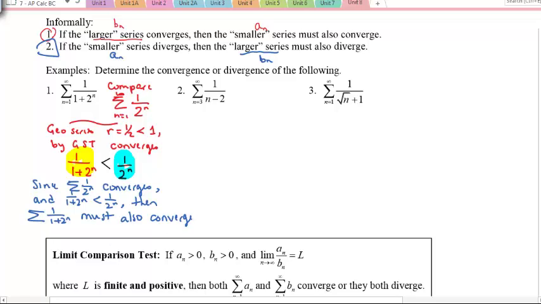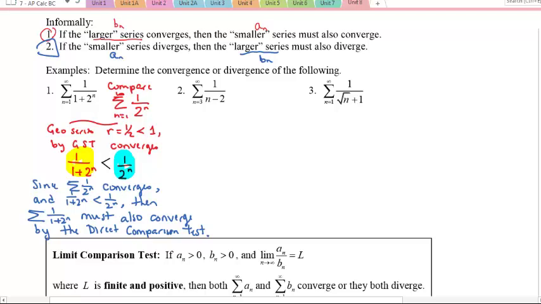And why? Because the direct comparison test says so. Okay? And that's how we use this direct comparison test.